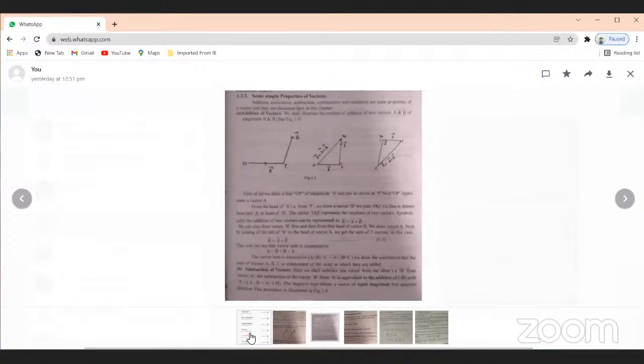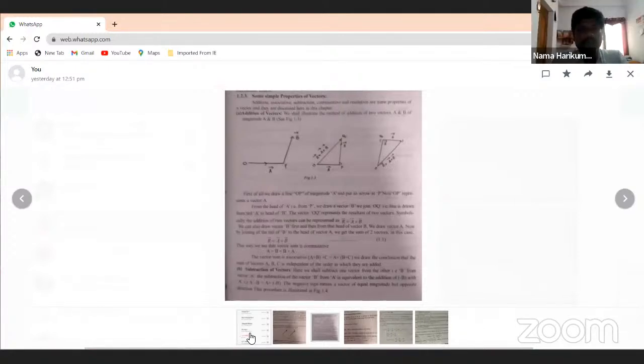Yes, sir. Right. You can write it. Put the heading: Addition of vectors.